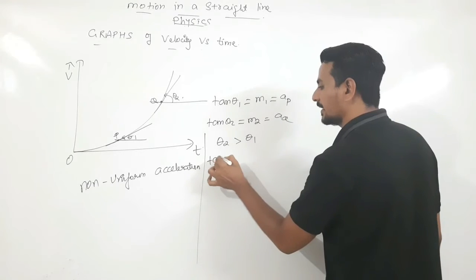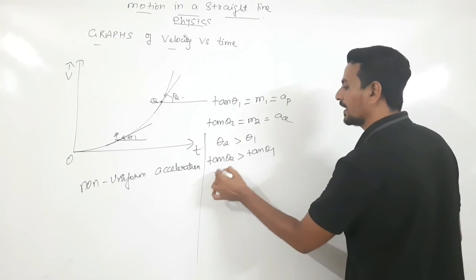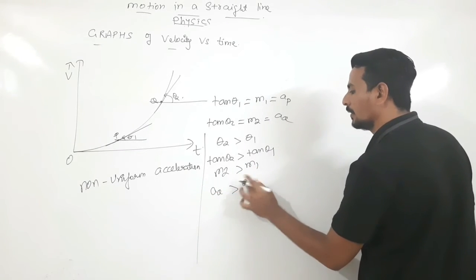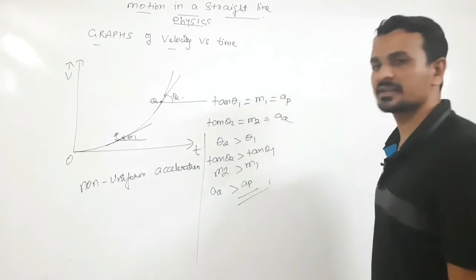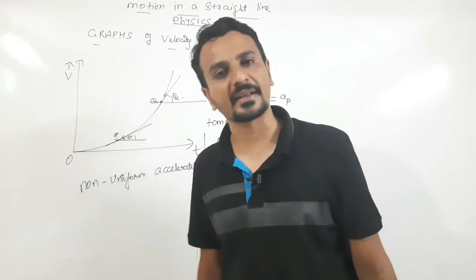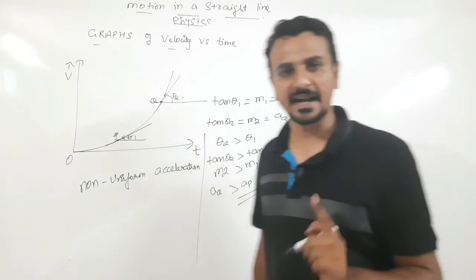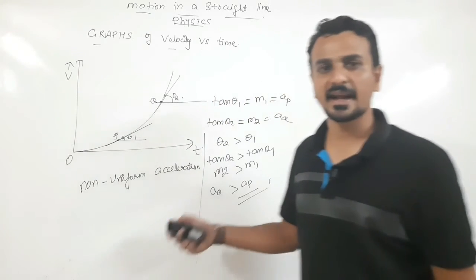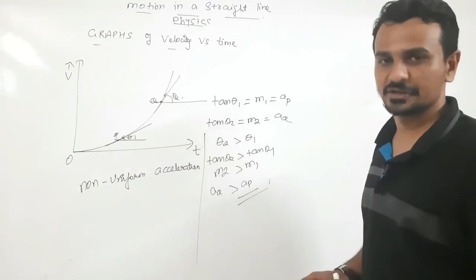So tan theta 2 is greater than tan theta 1, right? So slope is greater, that means acceleration at point Q is greater than that at point P. That means the object is moving with increasing value of acceleration. Here the previous two graphs represent that the object was moving with constant acceleration. This graph represents the object is moving with increasing value of acceleration.